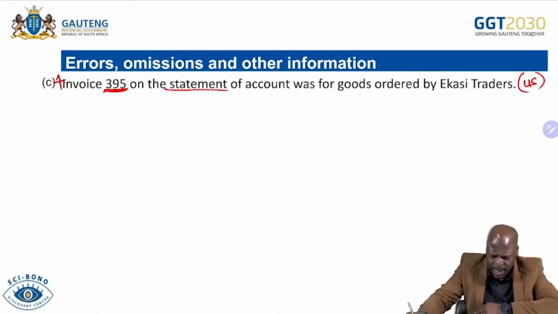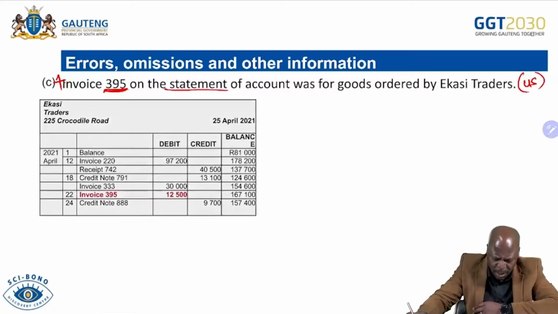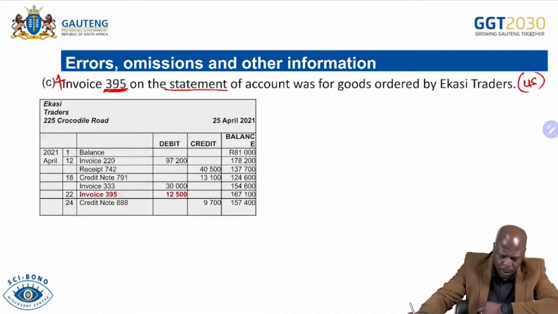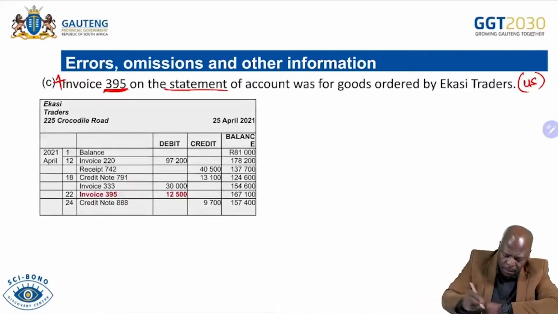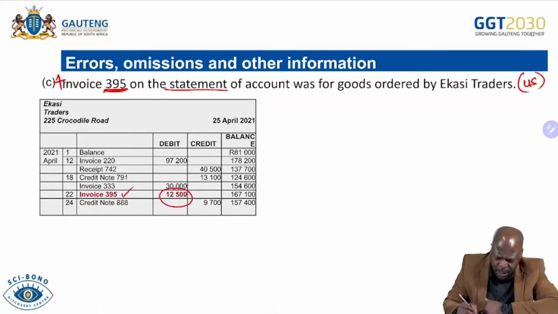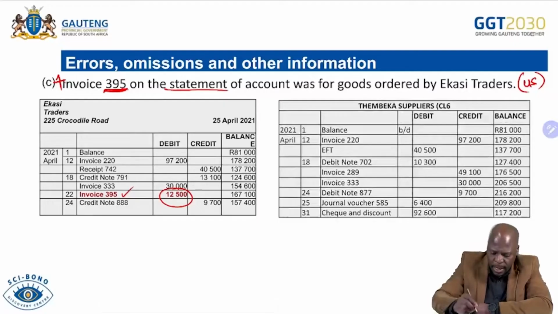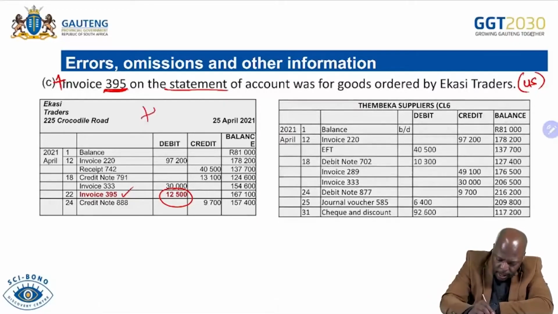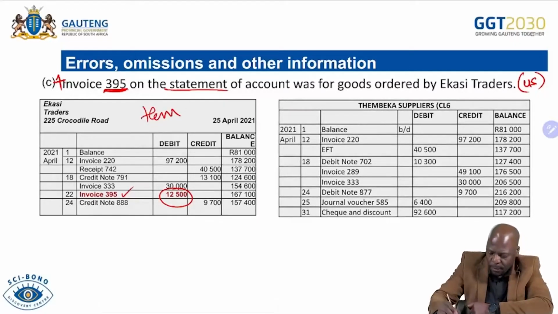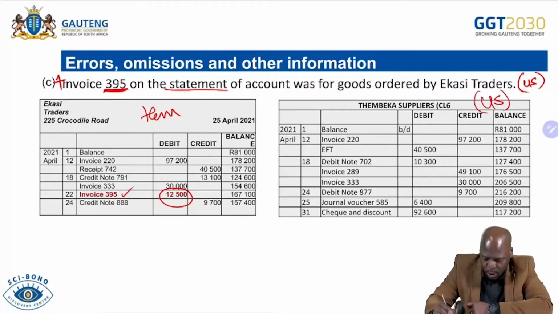So let's see what was on the statement. Here's the statement. There is goods for invoice number 395. Here's invoice number 395, and it is 12,500. Now they're saying that invoice was for goods ordered by Ekasi. Why are they telling us this? Could it be that them, they recorded something, but we, us, did not record?